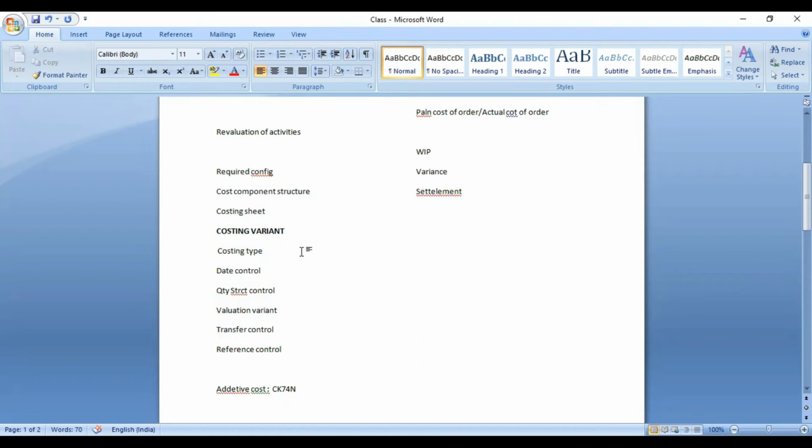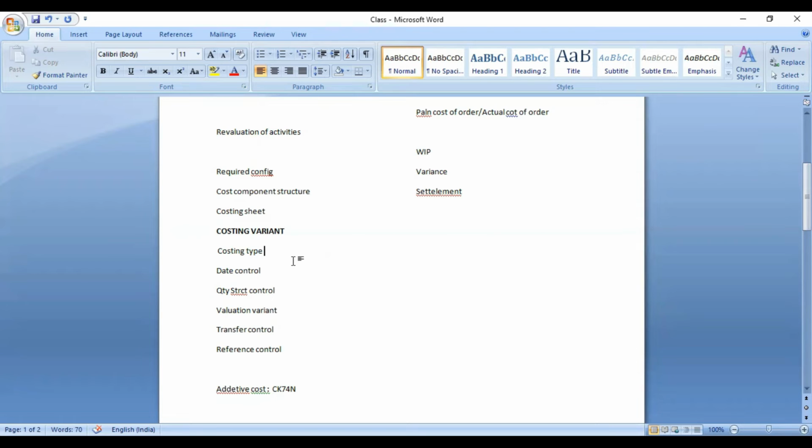To avoid that, we need a clear-cut idea: the costing sheet is only for indirect overhead calculation purposes, and the cost component structure structures the components we are using in the production process. Simply remember this as of now. Later, once we start this configuration, you will recollect the objective and purpose of this, and you will easily understand and remember.